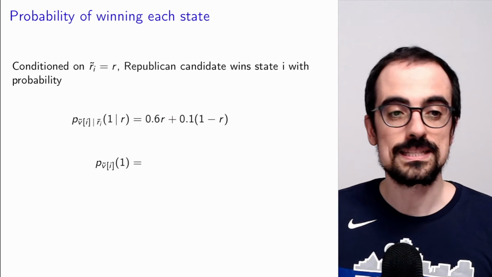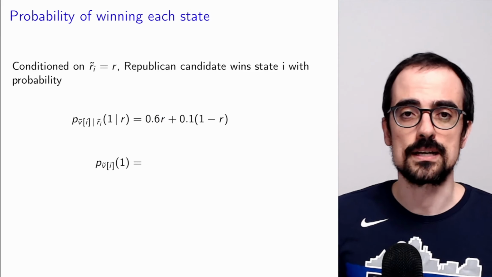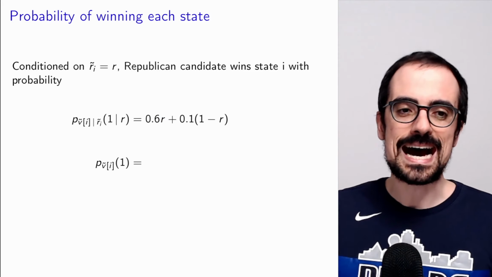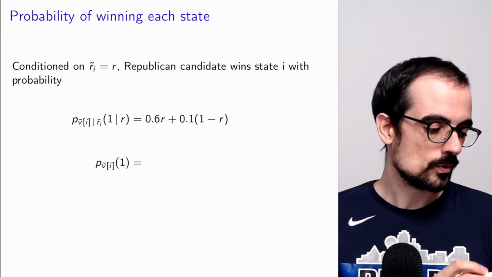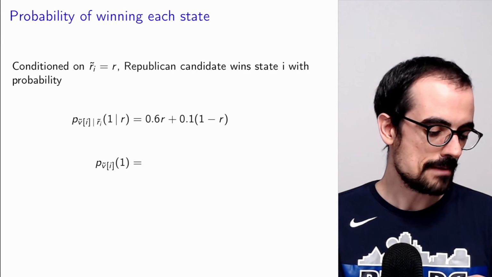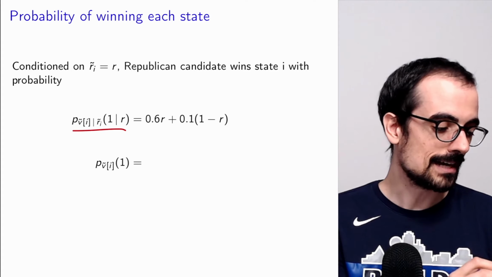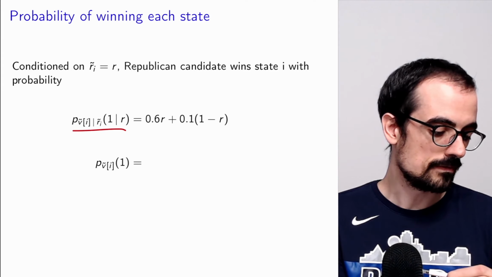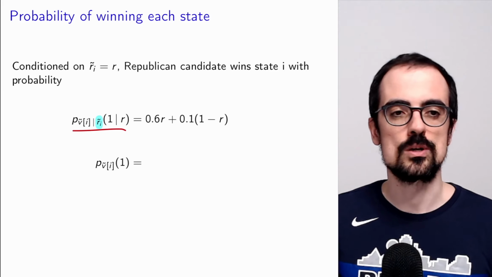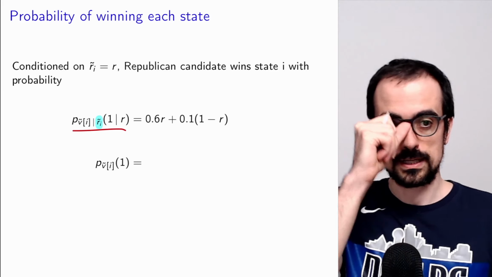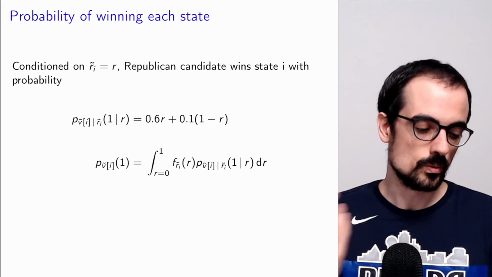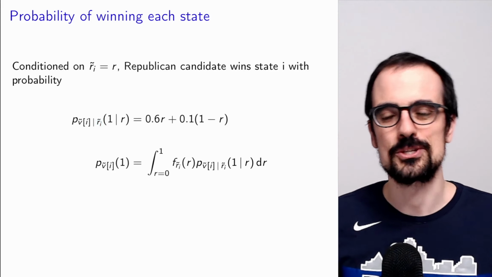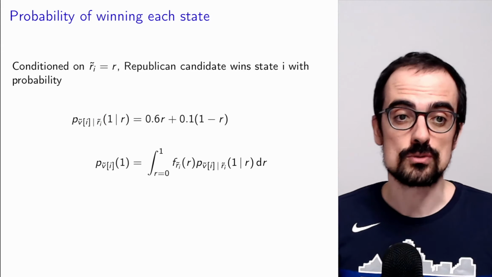All right, so what is the probability that the Republican candidate wins in state i? What are we going to do? We're going to use this conditional PMF and also the fact that we know the marginal PDF of the random variable R_i, which we're assuming is uniform. So how do we compute this marginal? We have a video on this about the joint distribution of discrete and continuous random variables.